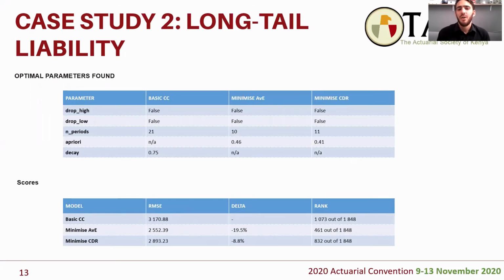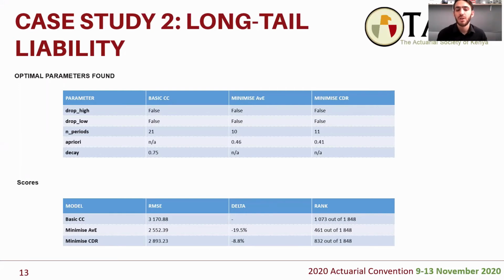So when applying our machine learning approach to select the methodology and parameters, we compared our chosen methodologies to a basic Cape Cod, where we did not, so looking at the top table, the first column, that's our comparison, so the basic Cape Cod, where we do not drop high or low development factors.